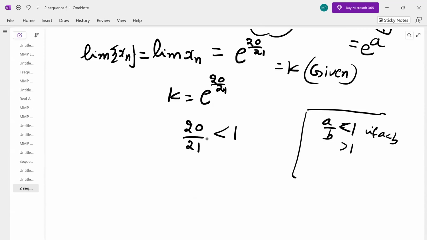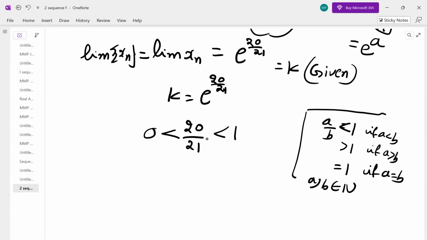I'm talking about positive numbers, where a and b are natural numbers, positive integers. So for a fraction with numerator less than denominator, it is less than 1, and it is positive.